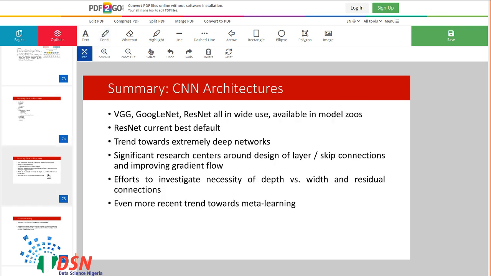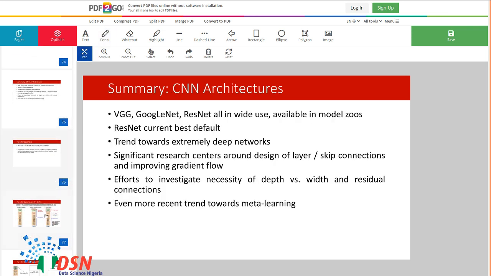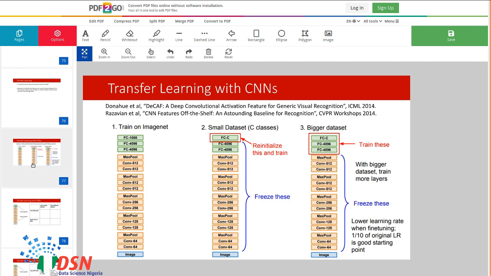But now we want to know what is the benefit of knowing these networks, and how could we use them. The fact is that we could use transfer learning. Let's say when you want to train a deep neural network, you probably need lots of training data, but for some tasks we don't have large data sets.